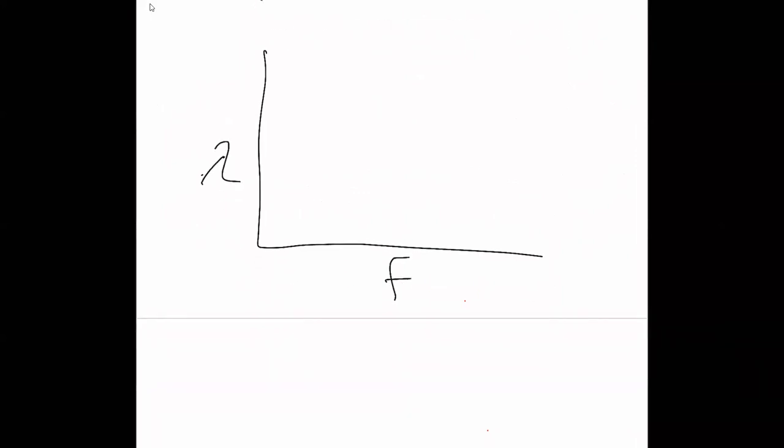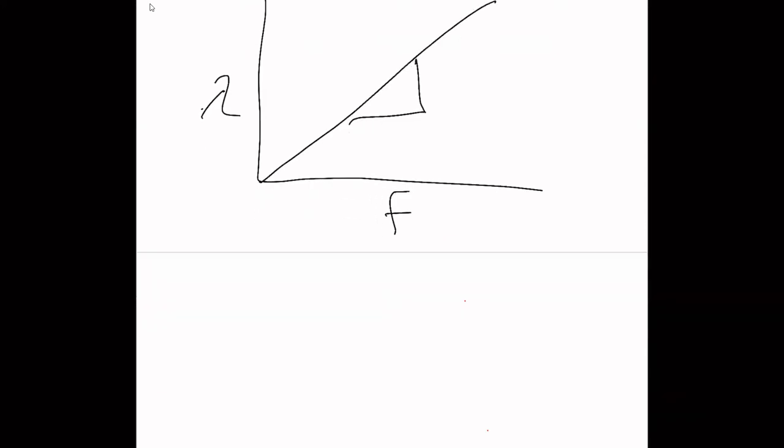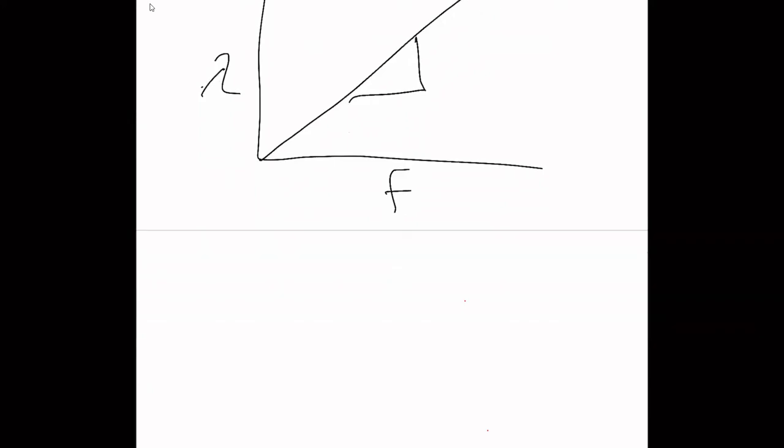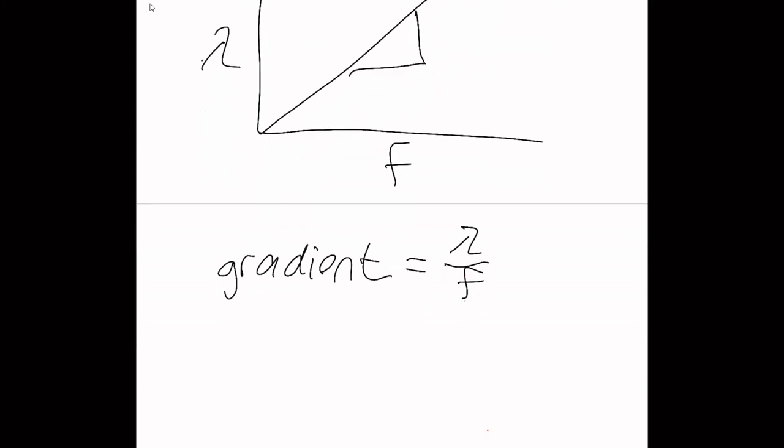Now the problem with this is that if I find the gradient of that graph, what's it going to be? Just think about the gradient. What two values would I divide to get the gradient? Lambda over frequency. Correct, lambda over f. And in terms of the speed of the wave, speed is equal to lambda times frequency. So would the gradient of that graph be the speed?